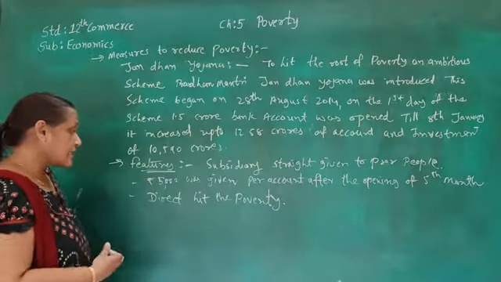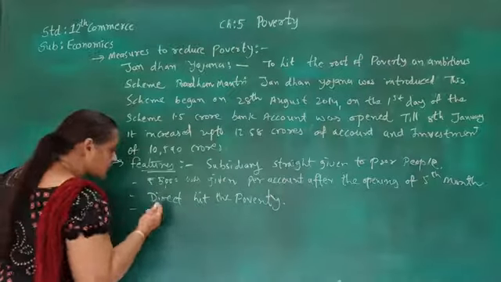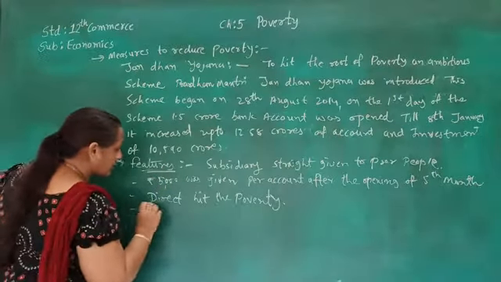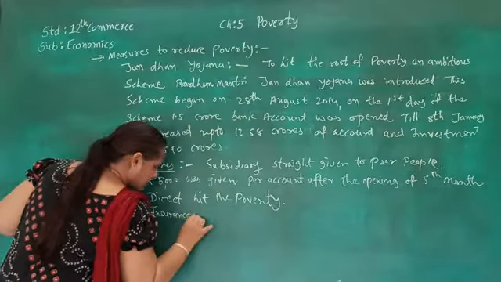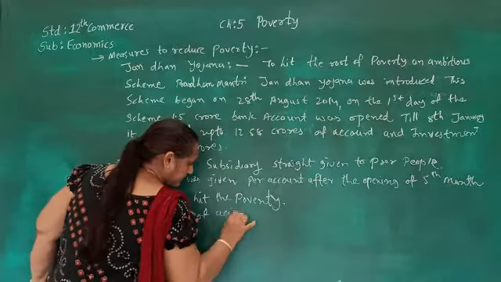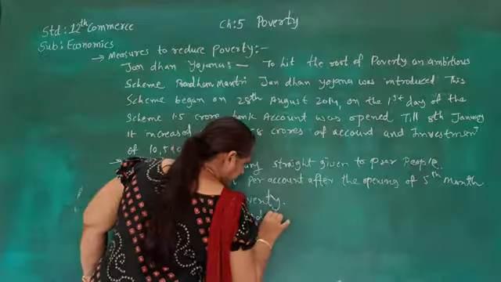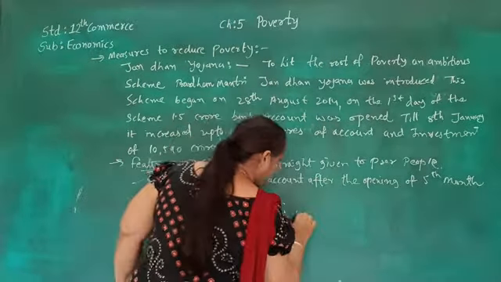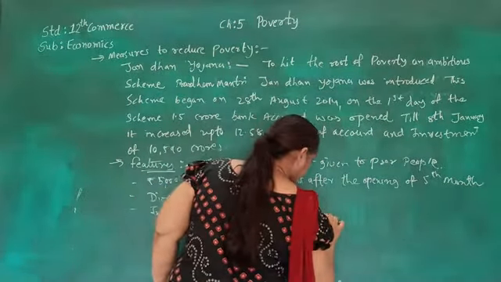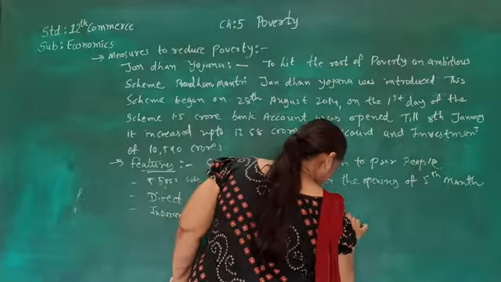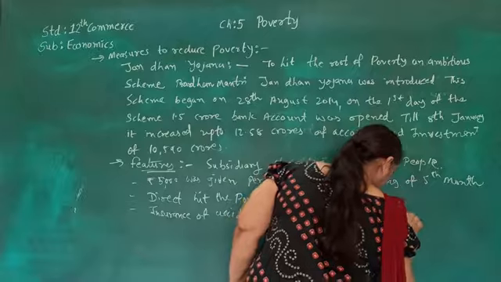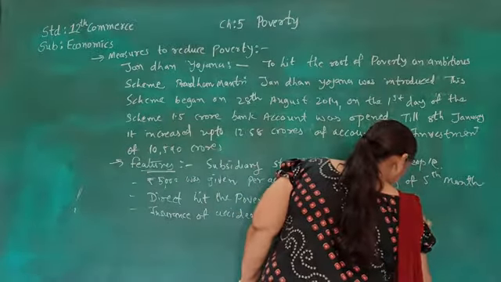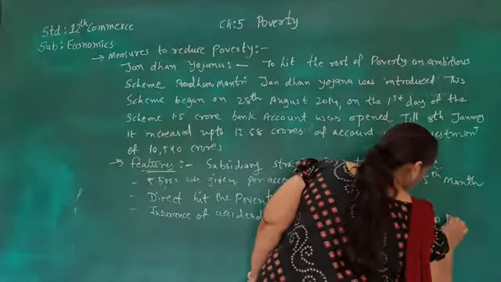And in this scheme again, insurance of accident and life insurance were given to poor people.